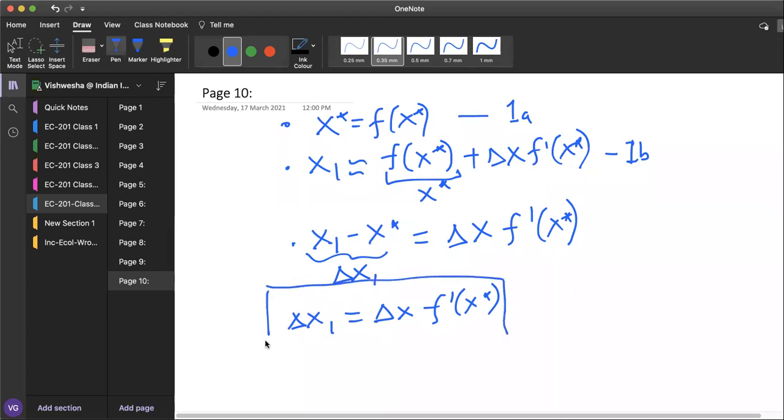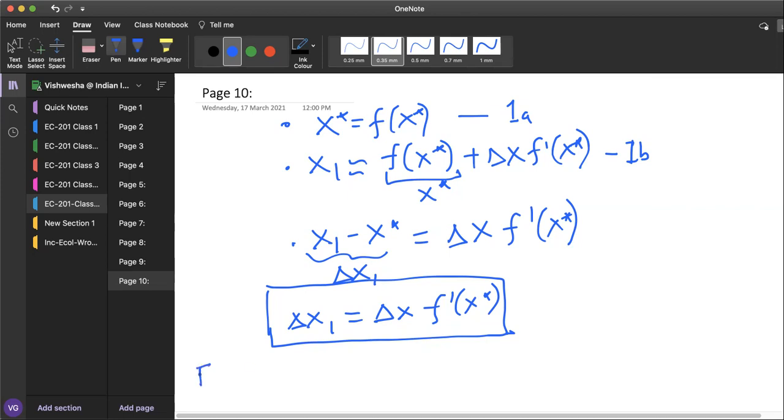What this equation now tells you is how the perturbation is growing over time. I started with the perturbation of delta x, it now became delta x1. So the perturbation has become delta x1, and how did it become that? It basically got multiplied by this factor of f prime of x star. So what is our interest? We want the perturbation to die. For the perturbation to die, should the multiplication factor be greater than 1 or less than 1? Less.